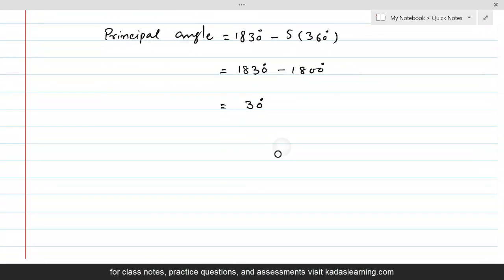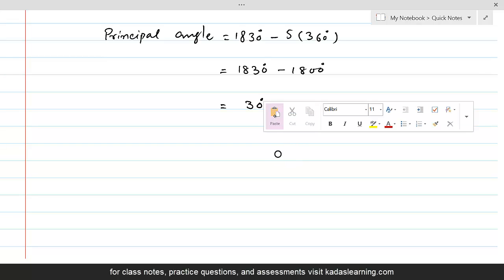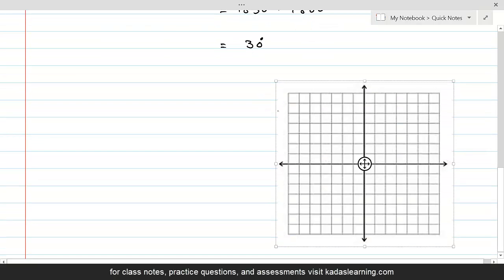Now if we have our grid again, theta equal to 30 degrees is somewhere over here. This is theta, this is that angle, and it is in the first quadrant.